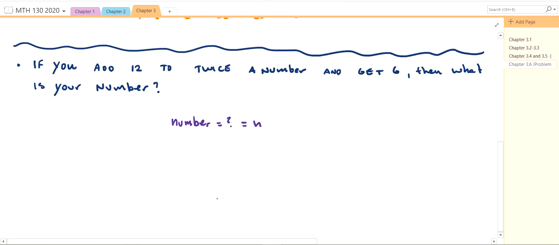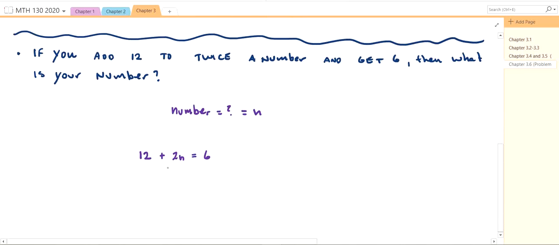Let's just call it n. So we're going to add 12 to this, but not just this. We're adding 12 to 2 times this. So 12 plus 2n. And when we do that, we end up with 6.